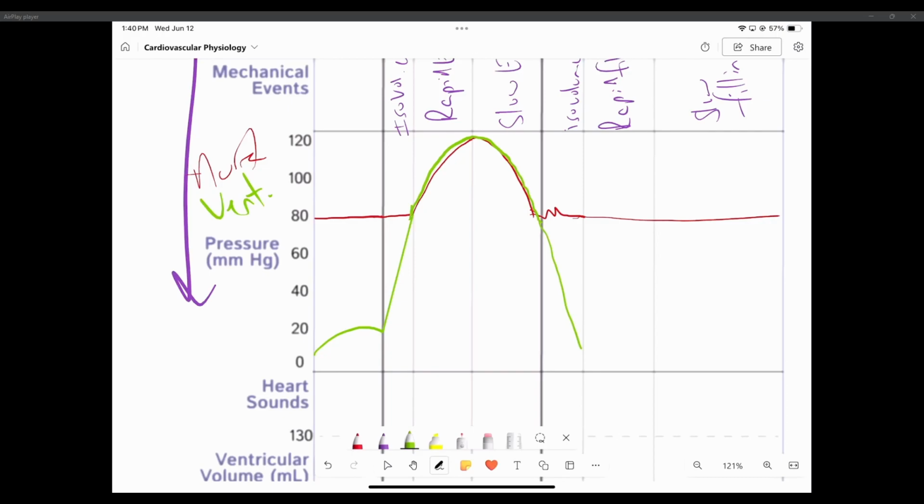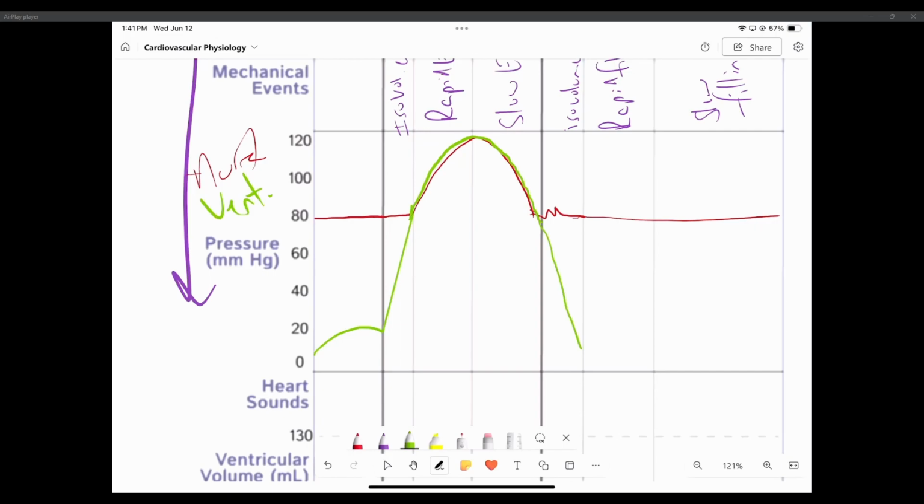What does it have to get below to open the mitral valve? Atrial pressure. You see how the pressures change, go up and down depending on what we have to do. So we are in isovolumic relaxation. The pressure is dropping because all the doors are closed, the heart's relaxing, pressure is dropping.